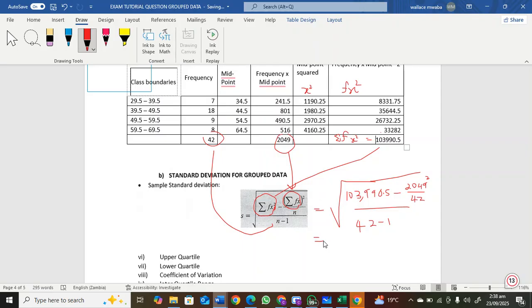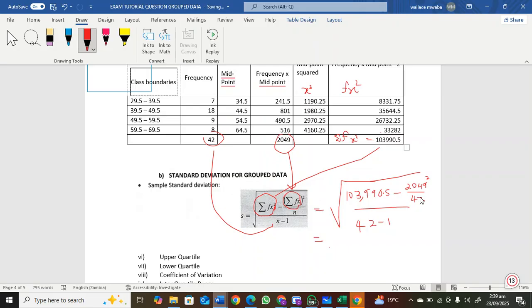So we start our tabulations. 2049 squared, we get 4,198,401. I'm starting with this part here. 2049 squared is 4,198,401. We divide that by 42.